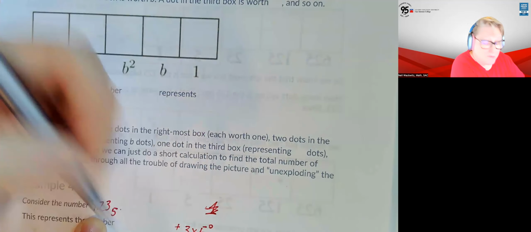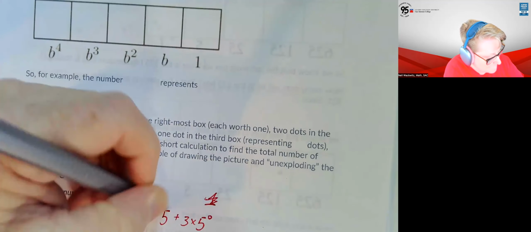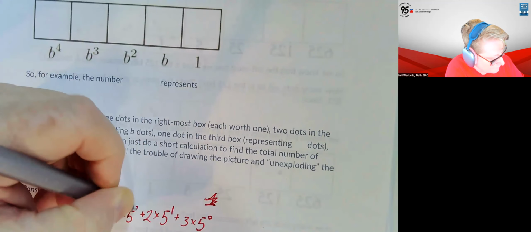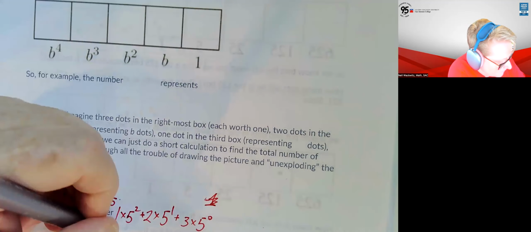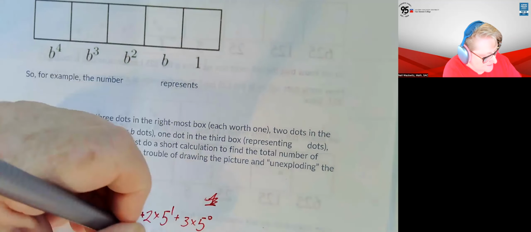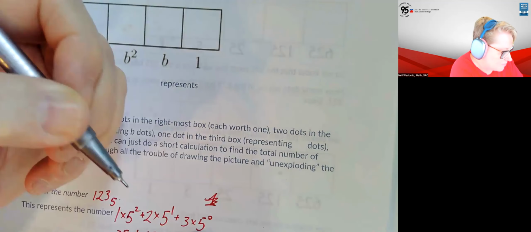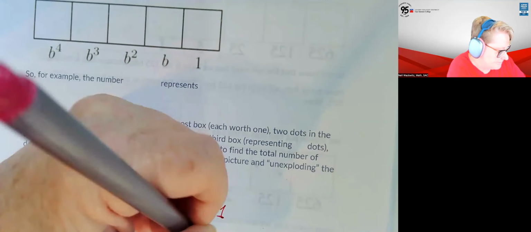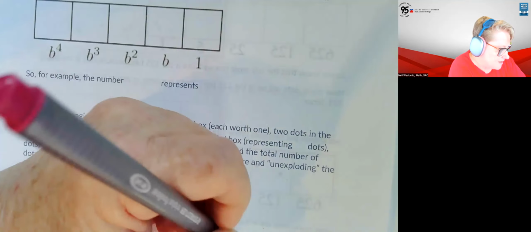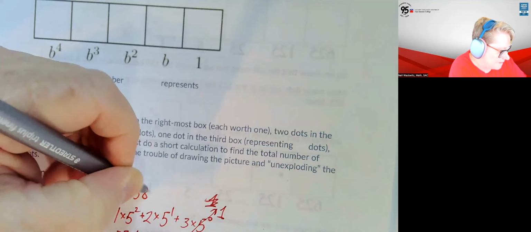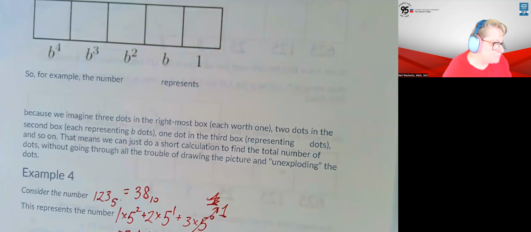The 2 is in the 5 to the 1st place. And the 1 is in the 5 squared place. Okay, so that's just 25. We have 2 5s, so that's 10. And 3 times 1 is just 3. And that's 38. So base 10, 38, is equivalent to 123 base 5.